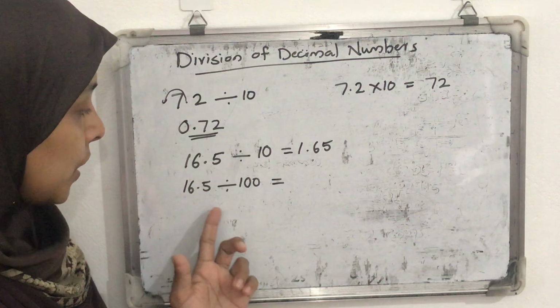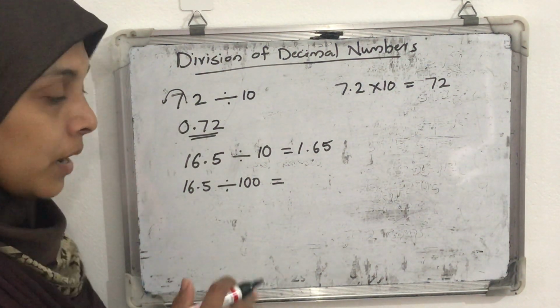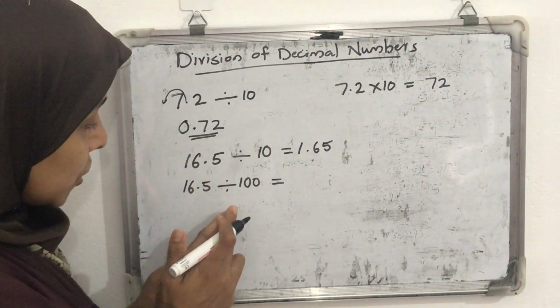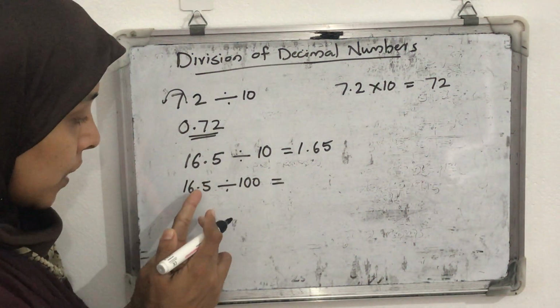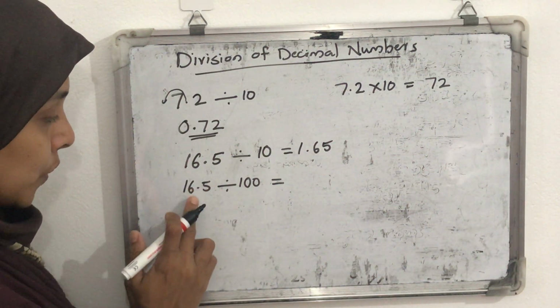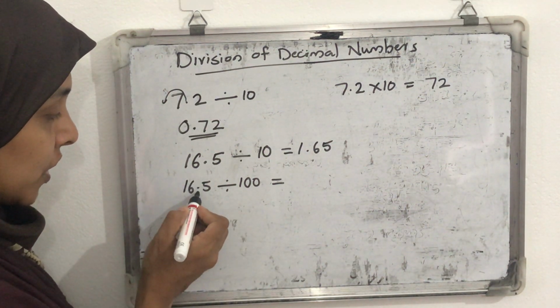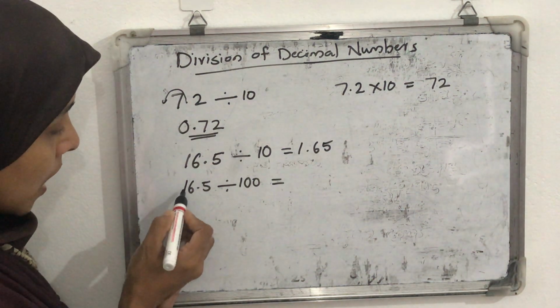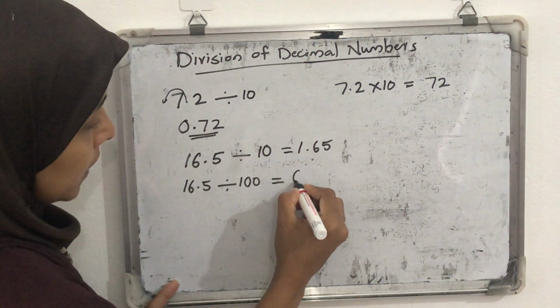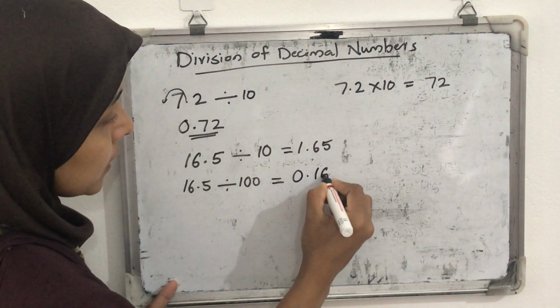Here how many zeros? 2 zeros are there. So 2 places we want to shift this decimal point. This decimal point will reach here, after the 1. So that will be 0.165.